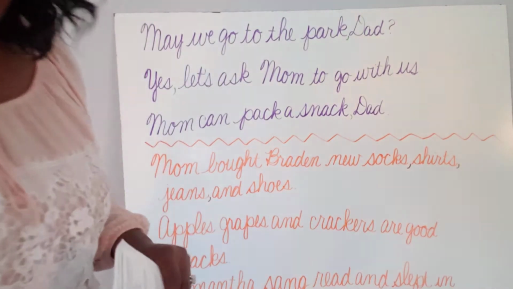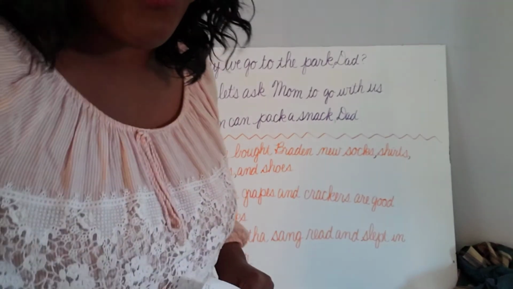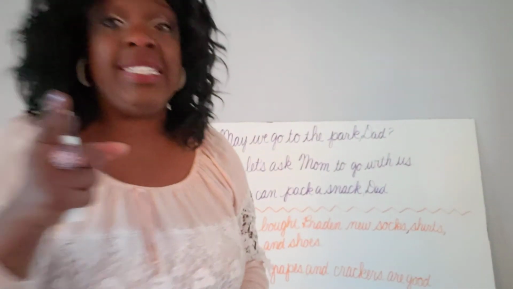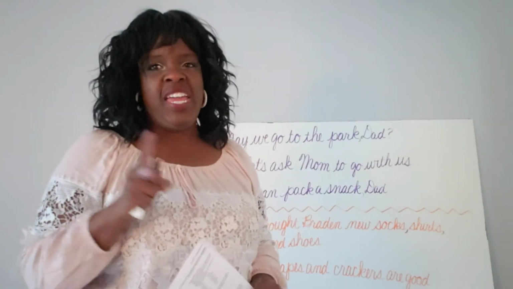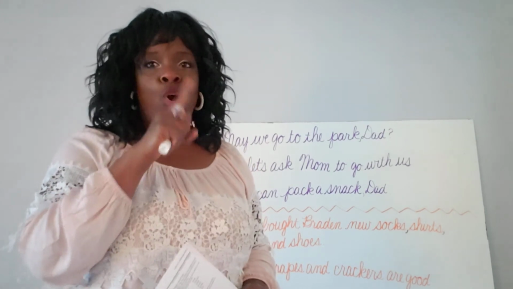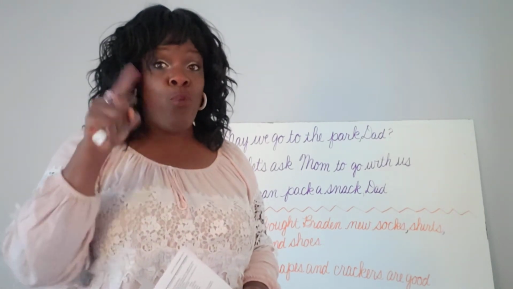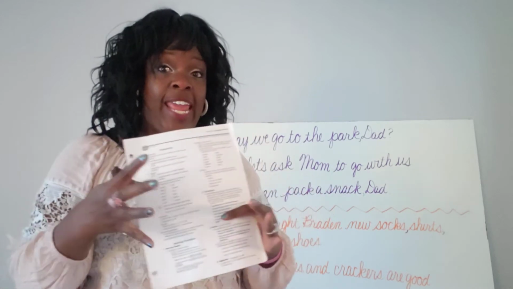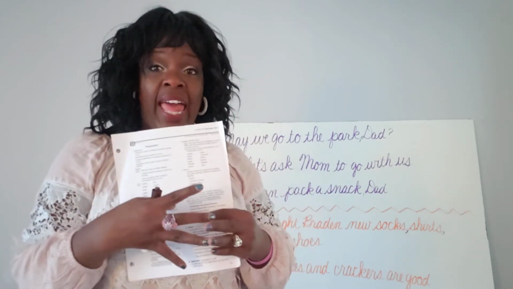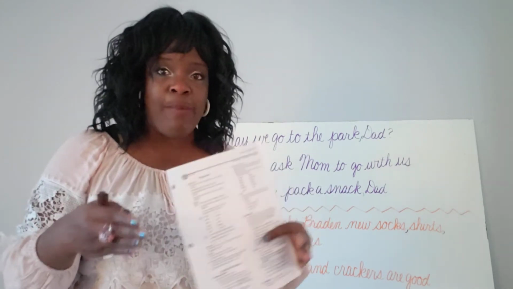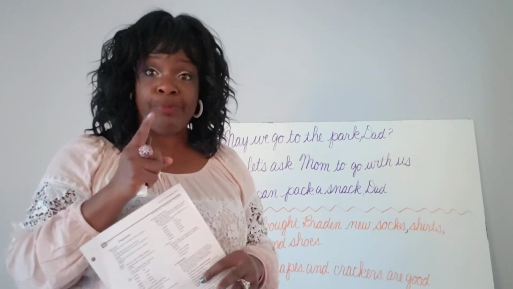So what I want you to think of when you are putting this new group of commas in your sentences is I want you to think of the World Series. The World Series is a series of games that baseball players play, and they keep playing and keep playing until there's a winner.